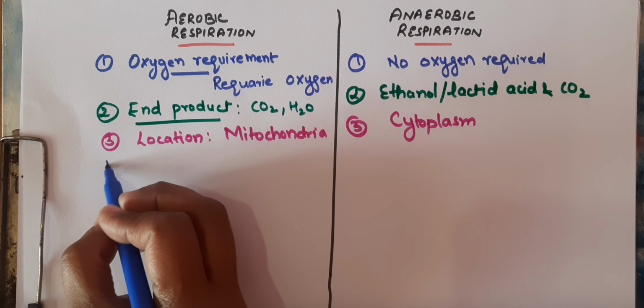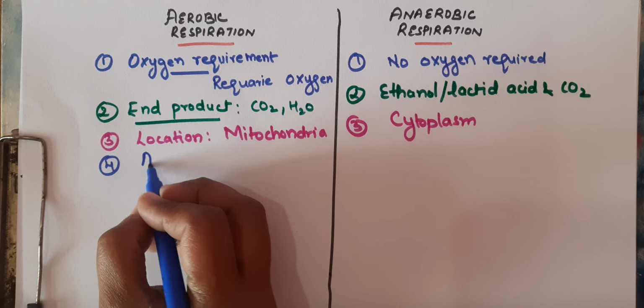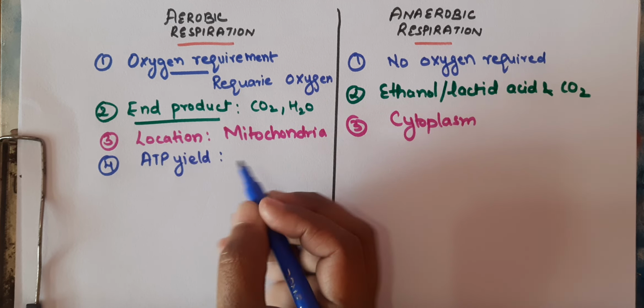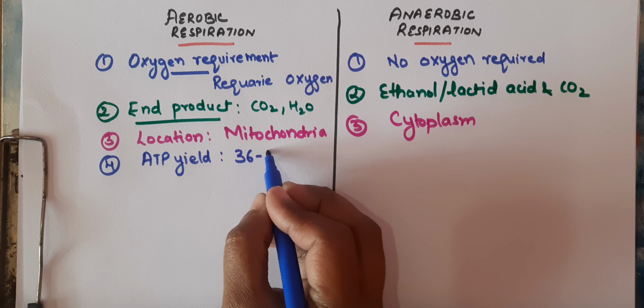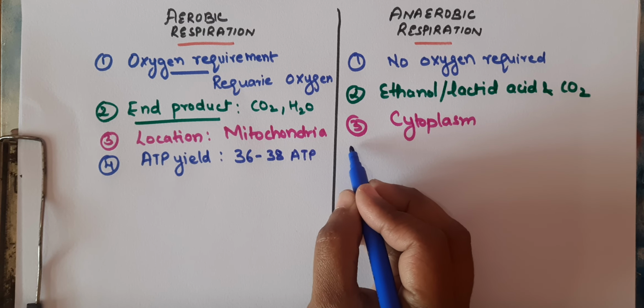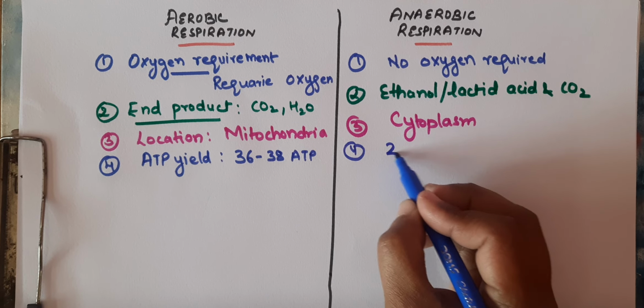Now the two processes, aerobic and anaerobic respiration, students, also differ in terms of ATP yield. In aerobic respiration, around 36 to 38 ATP will be yielded. And in anaerobic respiration, there will be only 2 ATP.